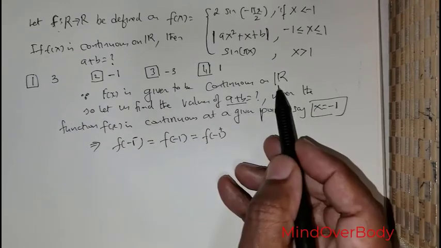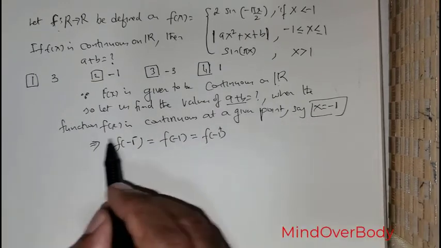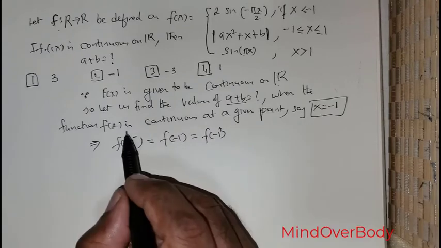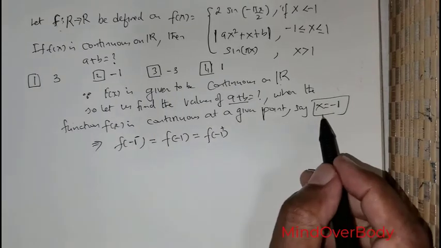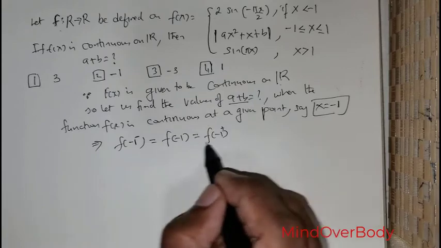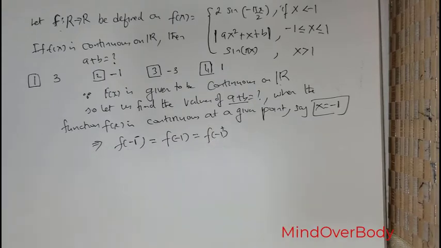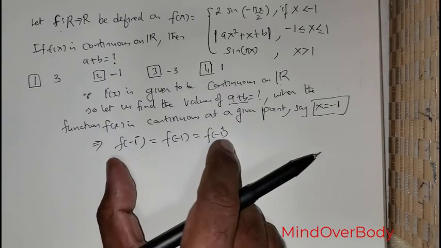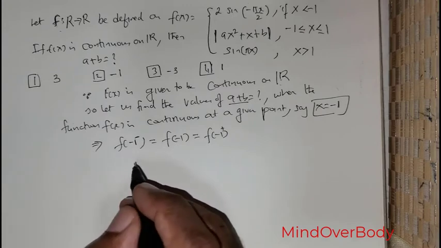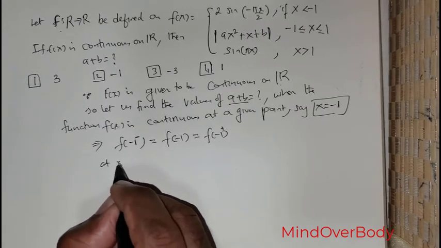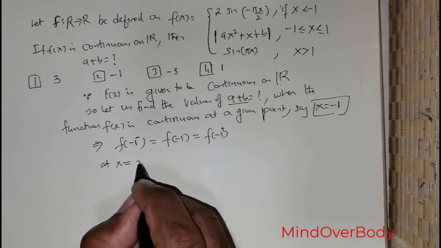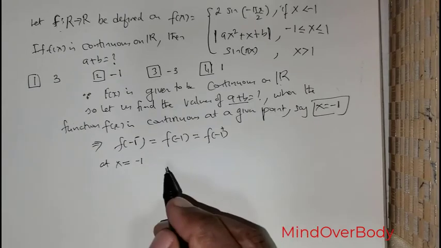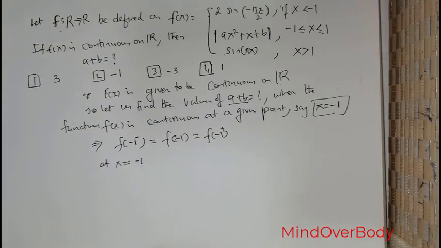Because of the fact that the function is continuous on R, and we are taking the continuity of this particular f of x at a point x is equal to negative 1, and that's the reason we have got this condition. So this is satisfied. So now since this is satisfied, at x is equal to negative 1, I'm going to find out the values of this function.